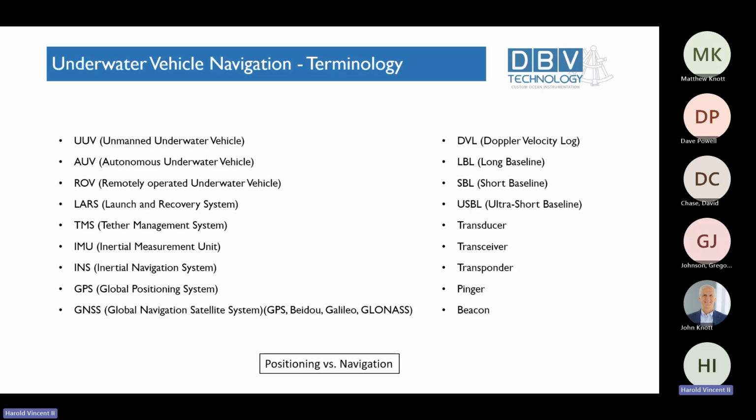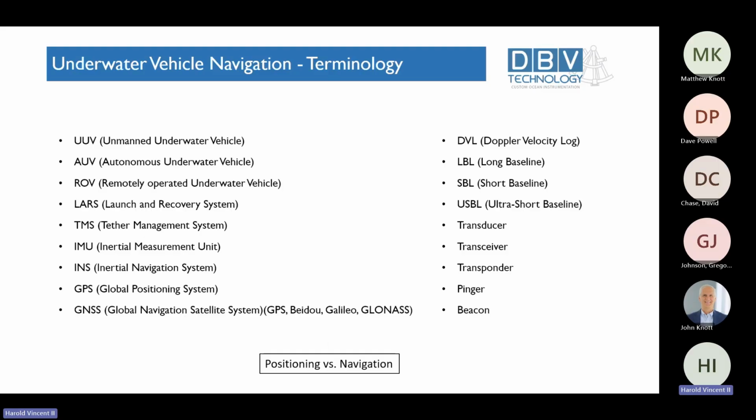So it's a transponder that can go into a pinger mode for a period of time. And by no means is this terminology black and white. Sometimes you'll see a pinger referred to as a beacon. So that's pretty much it on terminology. Maybe you've heard some of these terms before, maybe not.